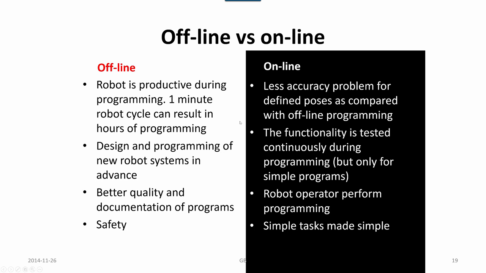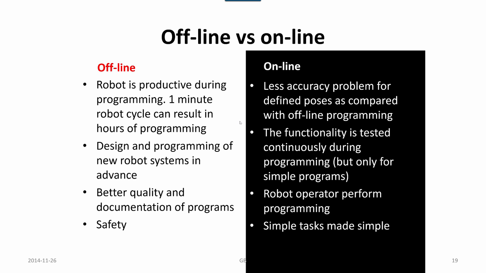So, some pros and cons, and actually, what are the differences? With offline programming, the robot is productive during programming. A 1 minute robot cycle can result in hours more of programming. And I wouldn't say that offline programming is faster, but we don't occupy the robot system during programming.